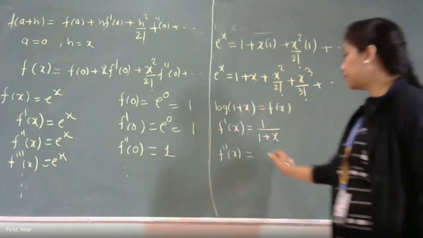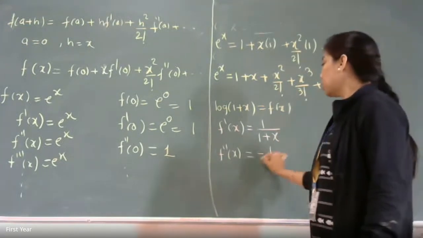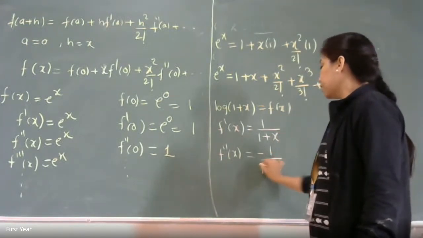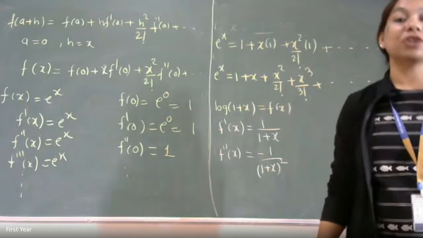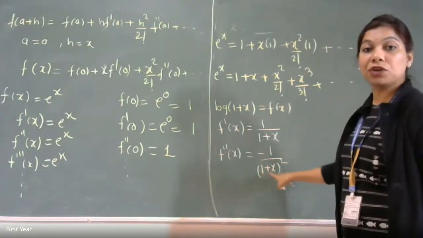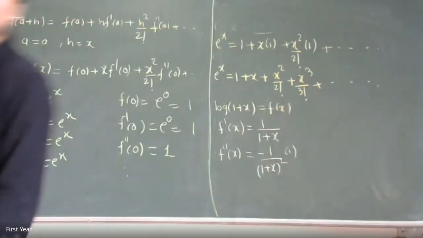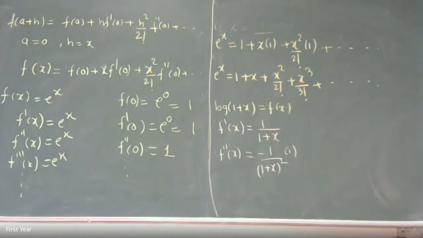So what is that? 1 upon function, derivative is minus 1 upon function square into derivative of the function. 1 derivative is 0 plus x derivative is 1. So it is 1. Continue this way and you will get the answer of all derivatives.